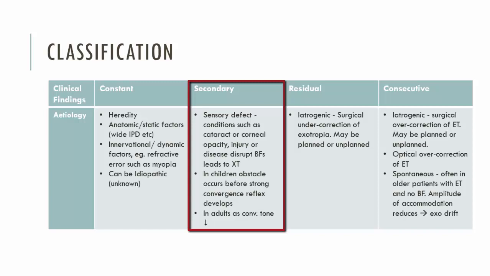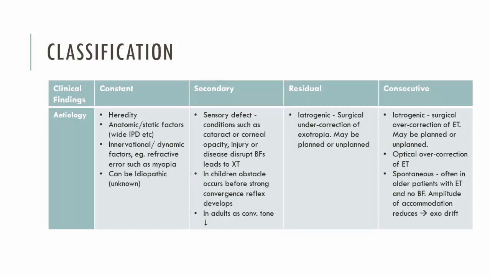On the other hand, with children, because their convergence tone is relatively strong, these children tend to end up with secondary esodeviations. However, for patients where the pathology has occurred at a point in time where there isn't a strong convergence reflex, and this is really only in a newborn, then an exodeviation will develop.